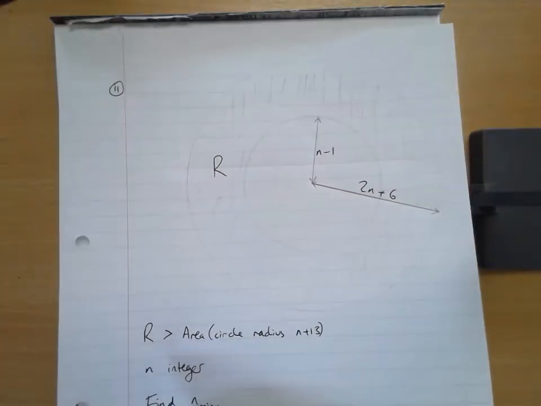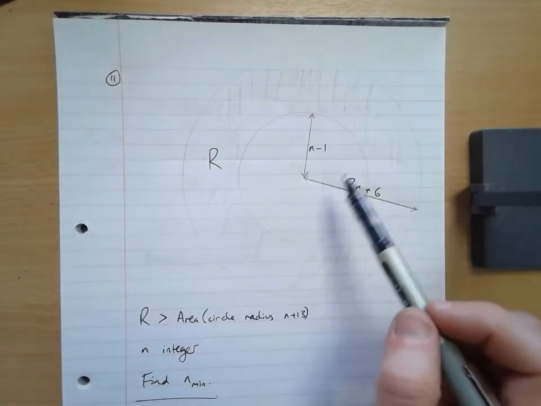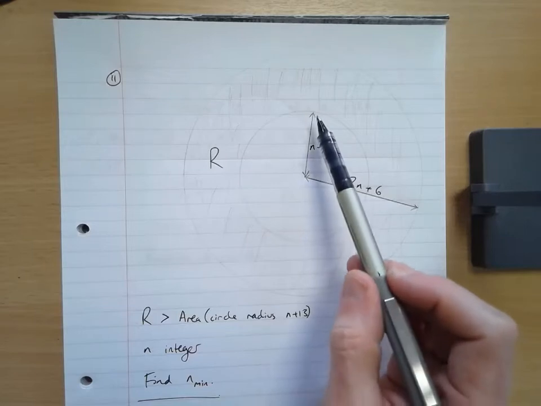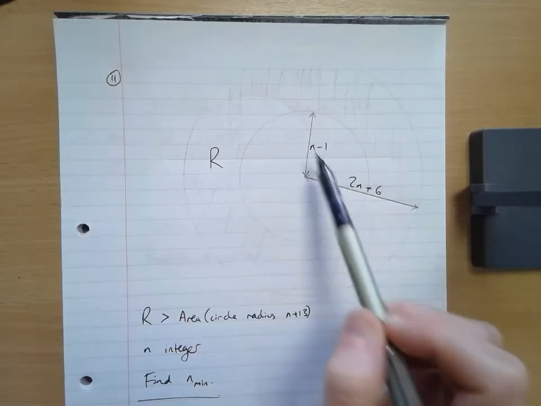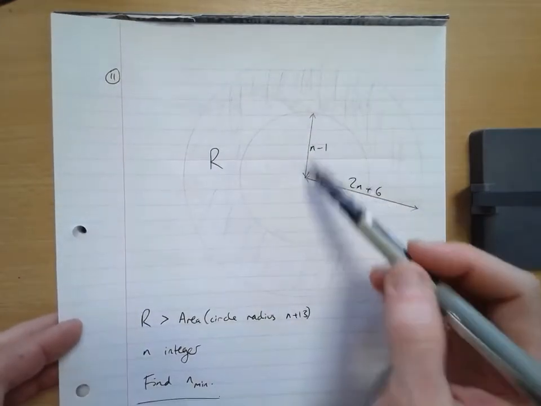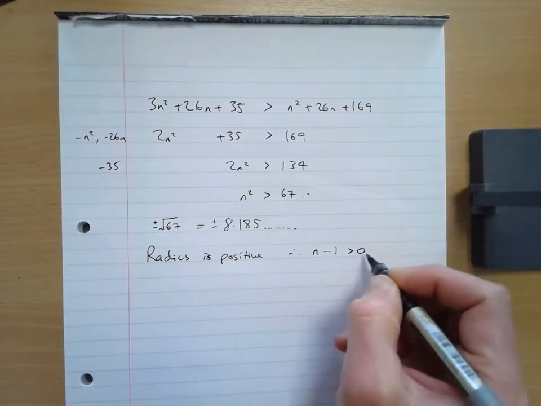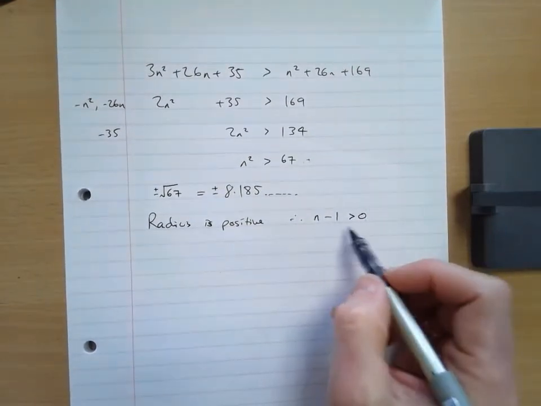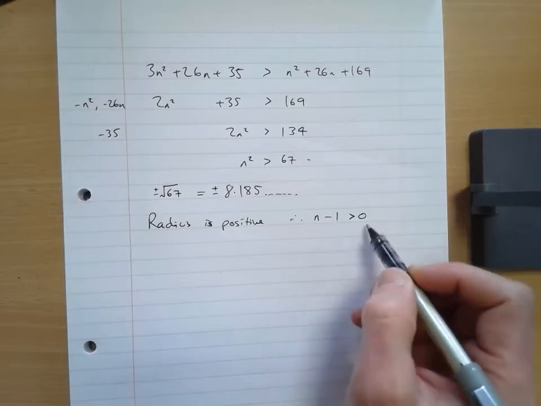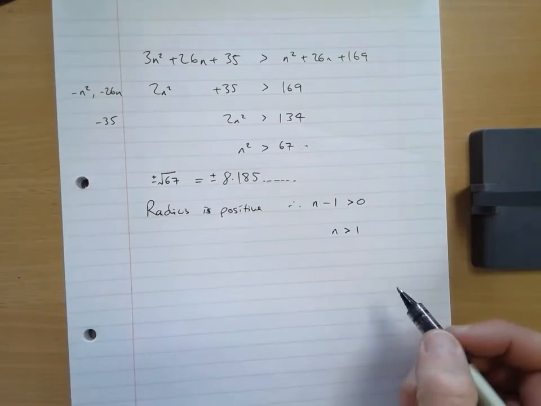So let's go back to our initial diagram. If the radius of any circle has got to be positive, then at the very least this n minus 1, which is going to be the smaller of the two, has still got to be positive. So n minus 1 has got to be greater than 0, and if you add 1 to both sides, you get the result that n has got to be greater than 1.